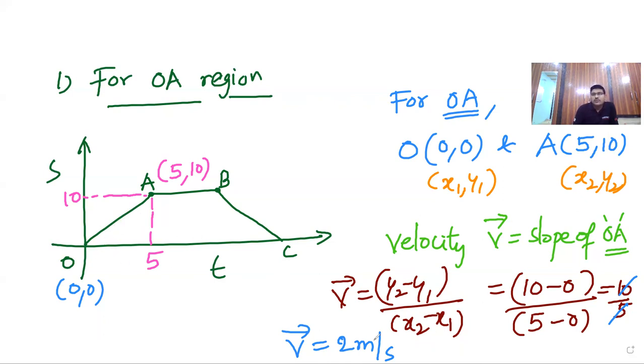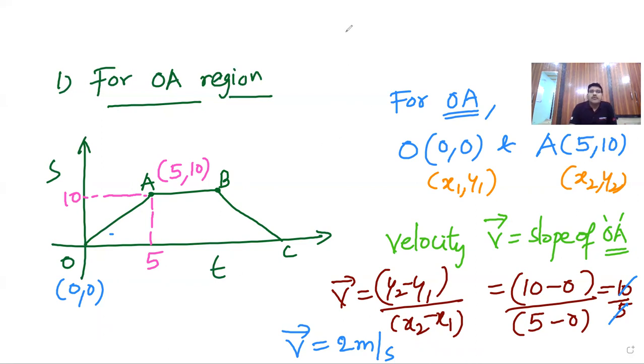Slope is 2 meter per second and positive velocity. Positive indicates upward direction. Clear? Be careful. The OA slope 2 is nothing but the velocity. Velocity is positive.